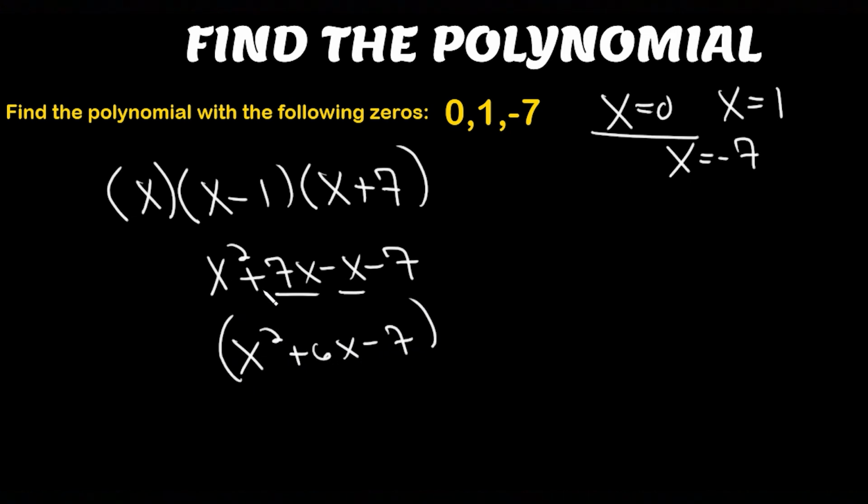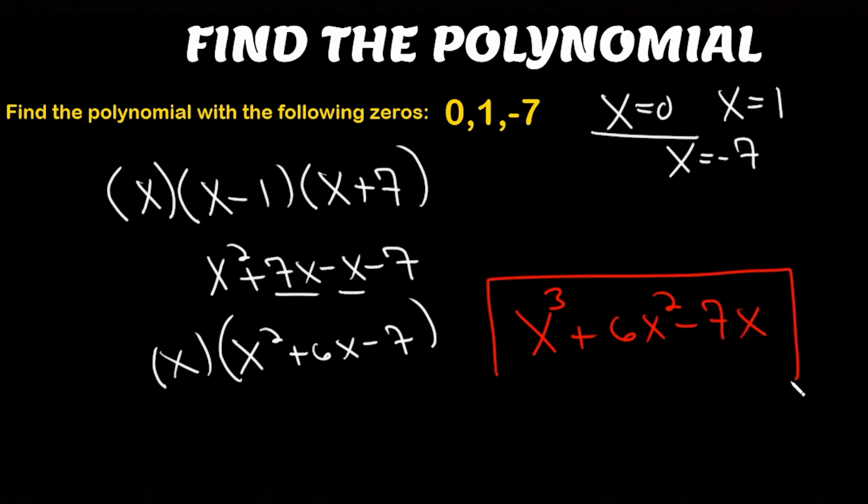Put it in parentheses, and then I do have an x on the outside. We have to distribute. So that's pretty simple. I'm going to put this in a different color. I get x cubed, and then plus 6x squared, and then minus 7x. Okay, that's done.